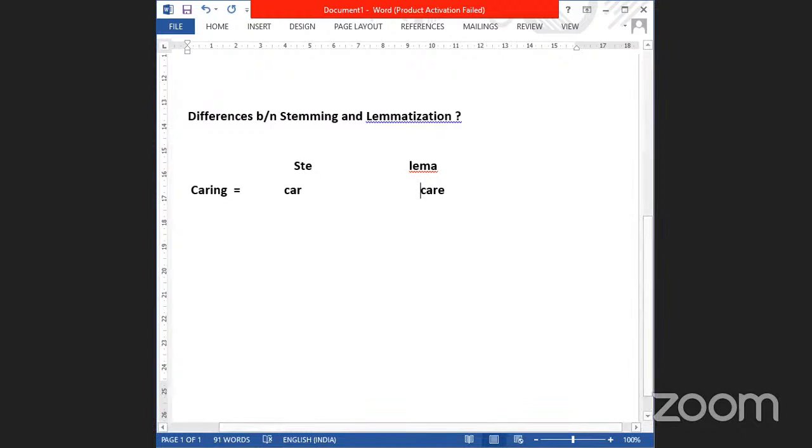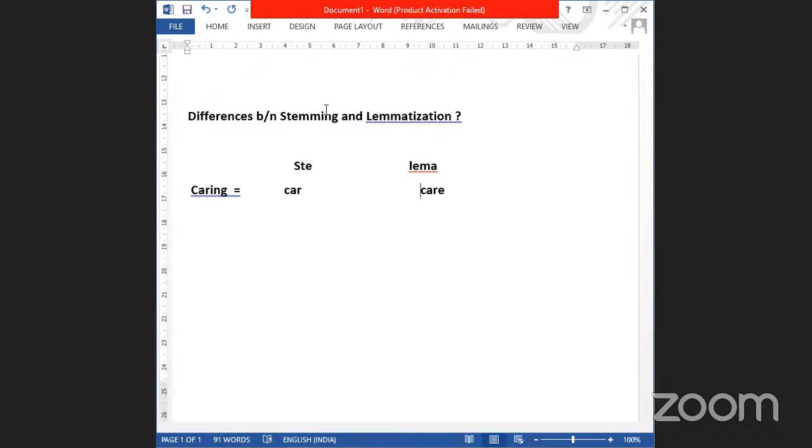If you do stemming, it will just remove or stem the last few characters, but lemmatization will convert your data into the root word. And lemmatization considers the context and converts the word into a meaningful base form, the root word, which is called the lemma.